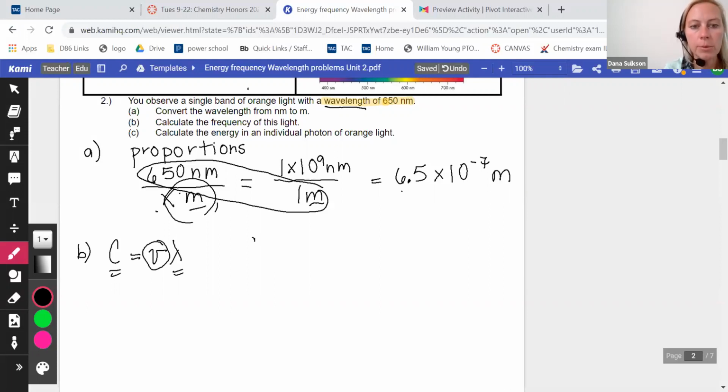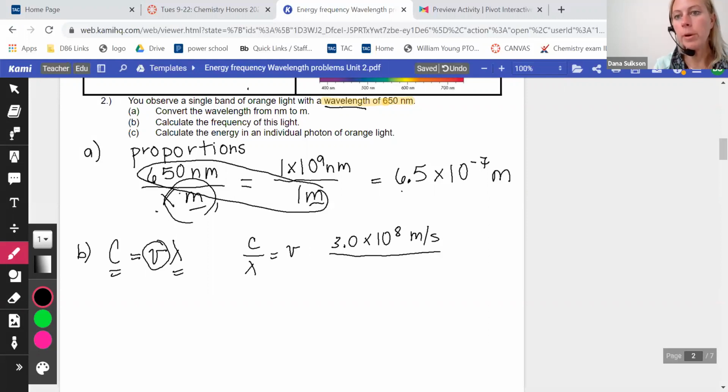So we can set it equal to frequency. And then we know speed of light, and I said we can use 3.0 times 10 to the 8th. I am going to write the units in all my work for this lesson so you see where the units come from for the final answer. Each unit is worth 0.25 on the exam, so keep in mind that you will automatically lose points if there are no units in the final answer.